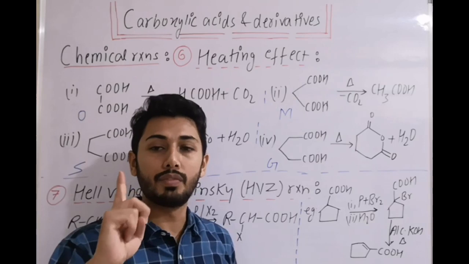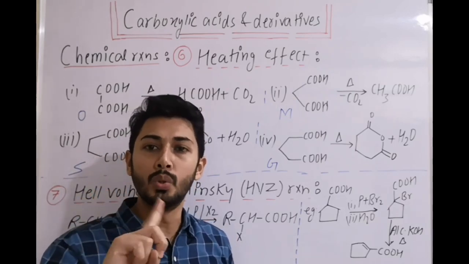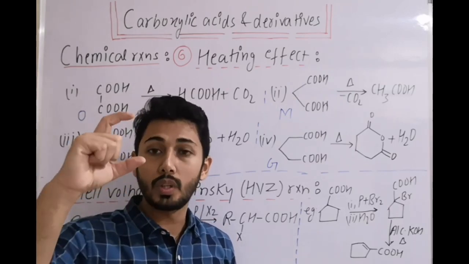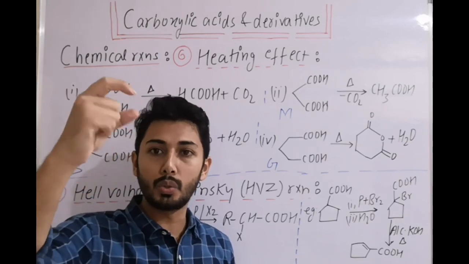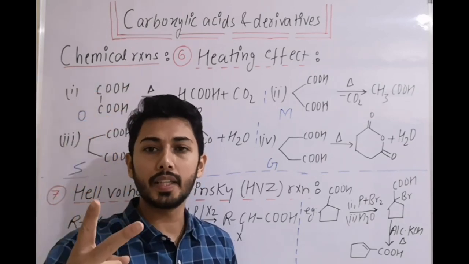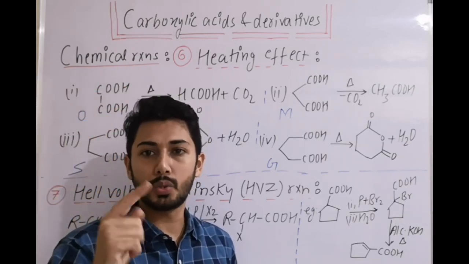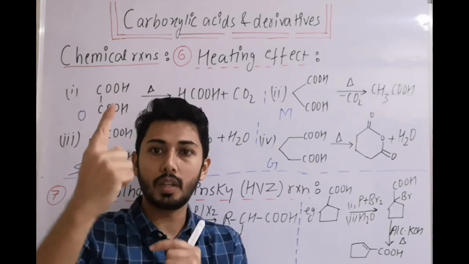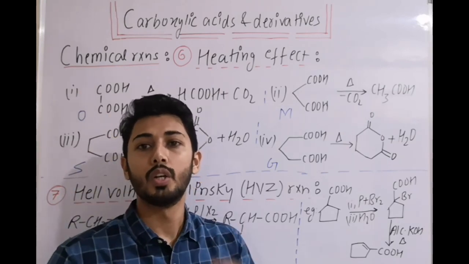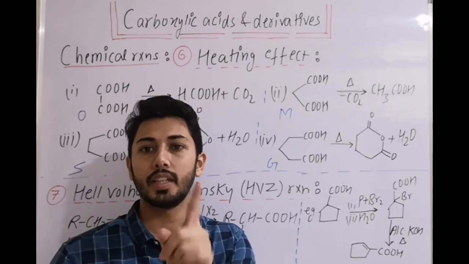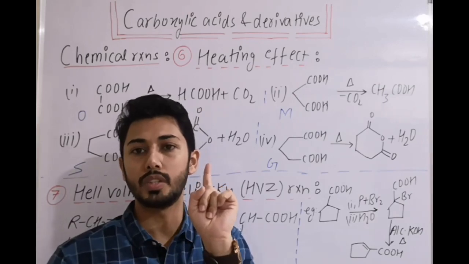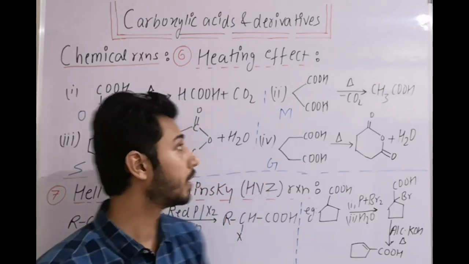So see, in the first one, when there is no CH2 between two COOH groups, CO2 is evolved. In the second case, when there is one CH2 between two carboxylic groups, again one CO2 is evolved. So when 0 or 1 CH2 is there, remove one CO2 and write down the product.